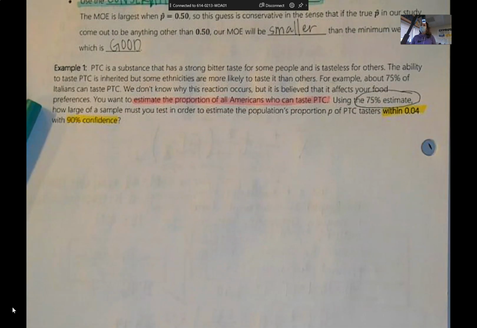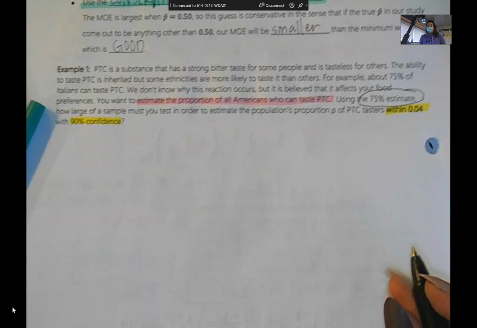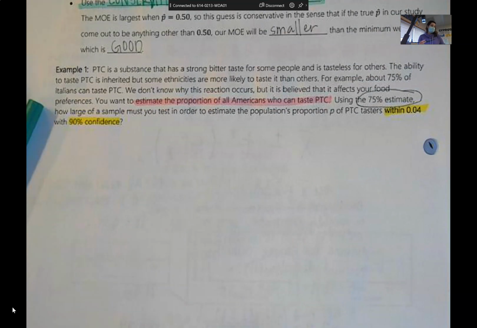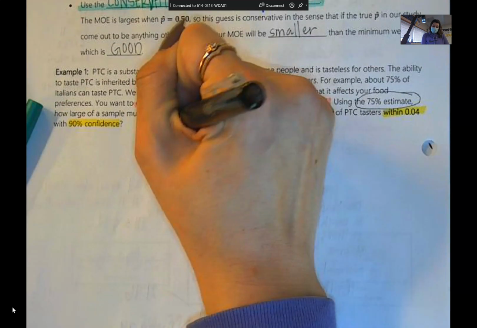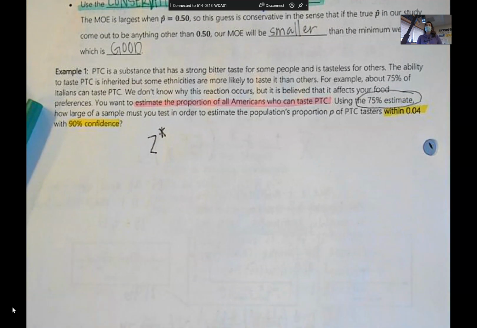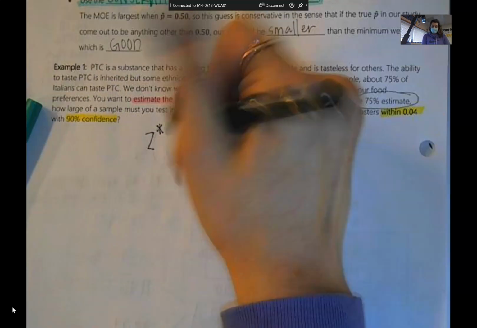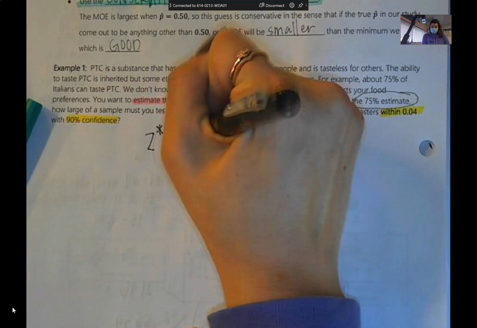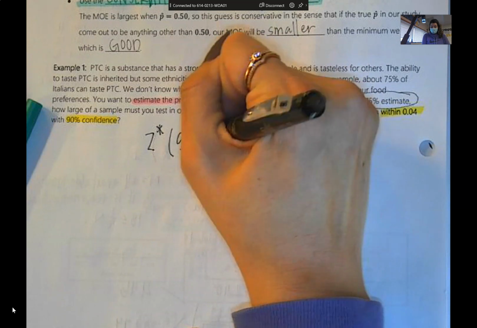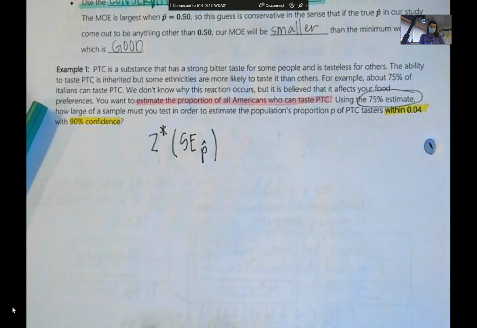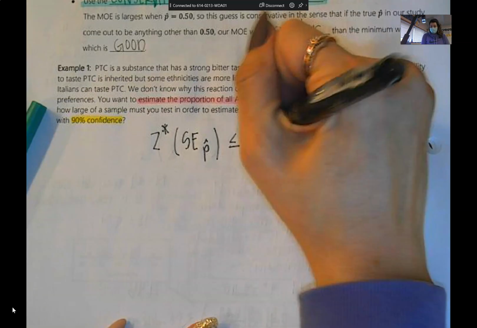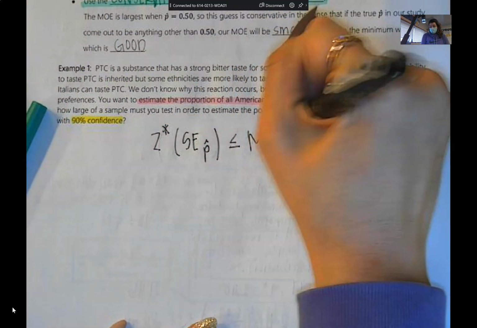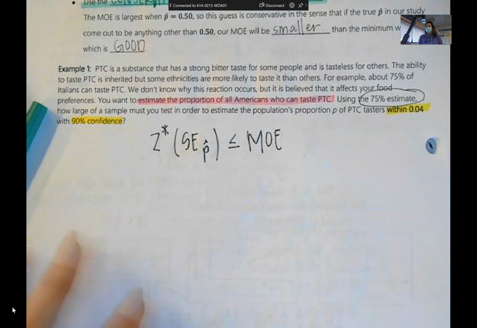So for all problems that are like this, you use the following inequality. Your z critical, because when we're working with p, we always use z critical, times your standard error of p hat needs to be less than or equal to the margin of error that's desired.